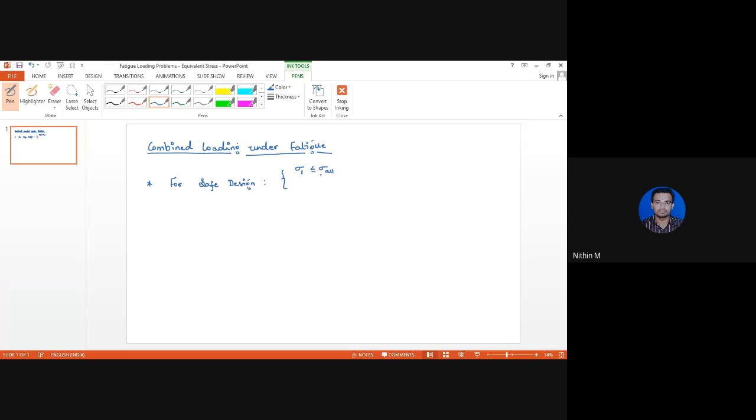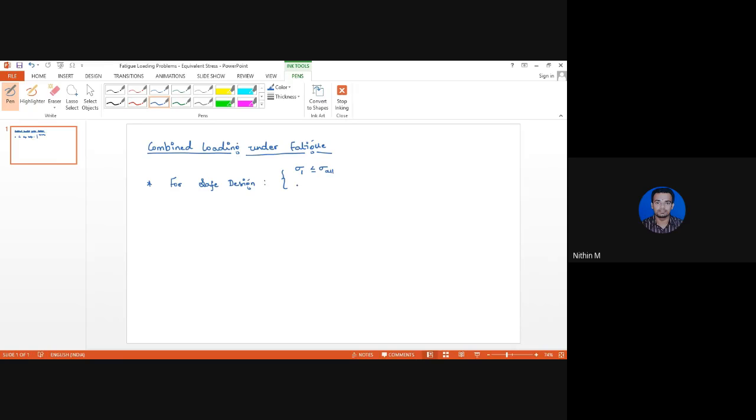Allowable stress is yield strength of the material divided by factor of safety, or ultimate strength of the material divided by factor of safety, based on whether the material is ductile or brittle. Sigma 1 is the maximum principal stress induced in the component, right? If the maximum principal stress induced in the component is well within the allowable stress, then the design is safe.